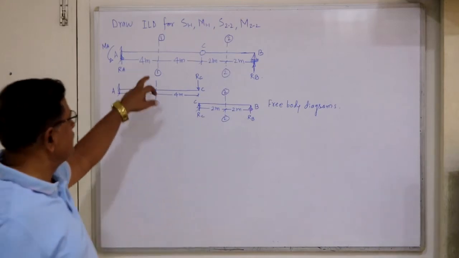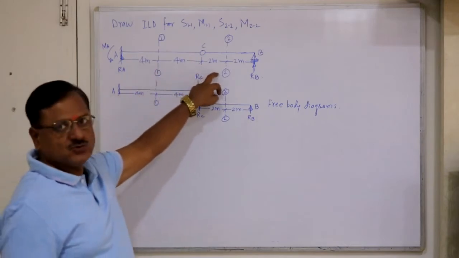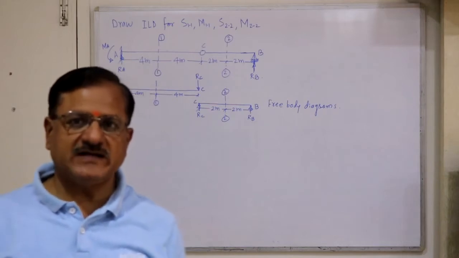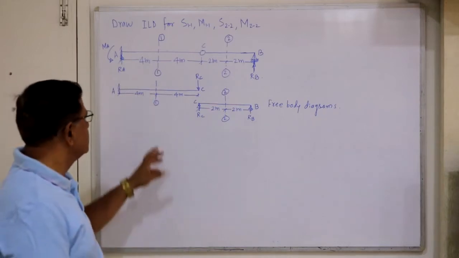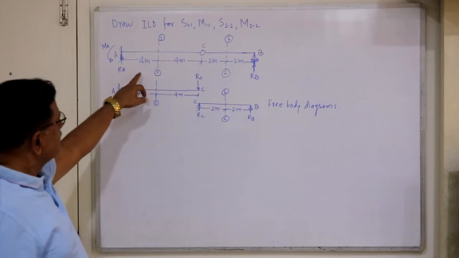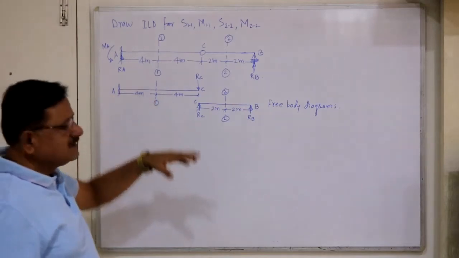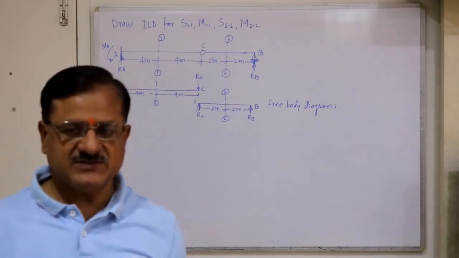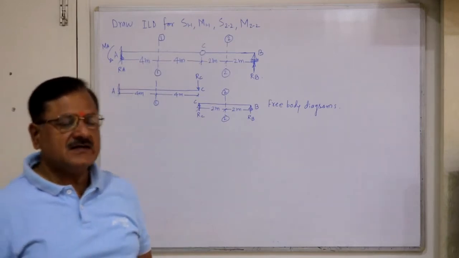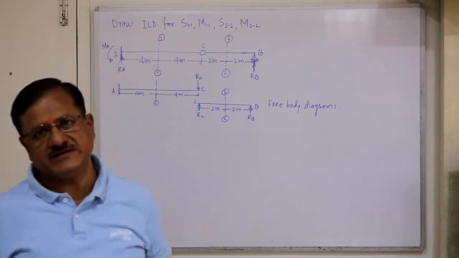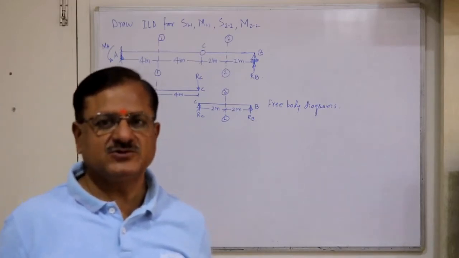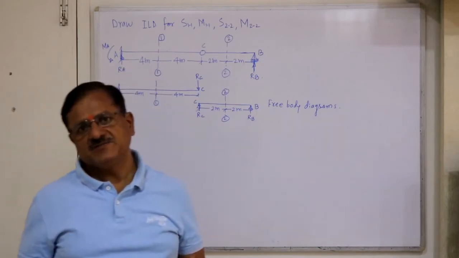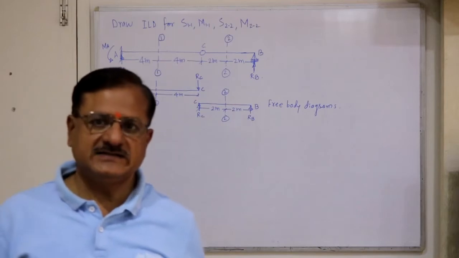Now two sections are given, section 11 and section 22, and we have to construct shear force and bending moment diagrams at these two sections. If you are able to draw free body diagrams, or if you understand the concept of free body diagrams, then you will come to know whether the given section is within a simply supported portion or within a cantilever portion.